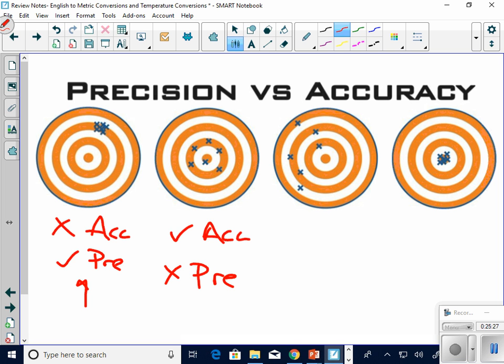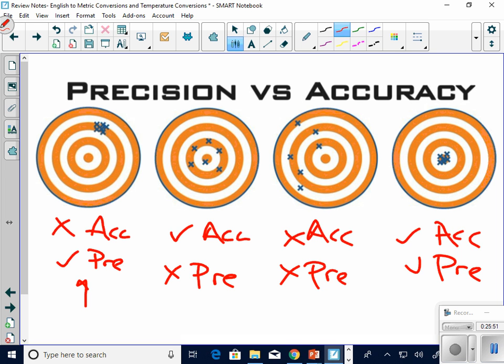Is it very accurate? No. I'm bad on accuracy. Is it very precise? No. I'm bad on precision. And the last one, what do you think? I'm accurate, yes. Give me a check on accuracy. Give me a check on precision, too. Because they're grouped good, and they're grouped pretty accurate to that bull. All right?